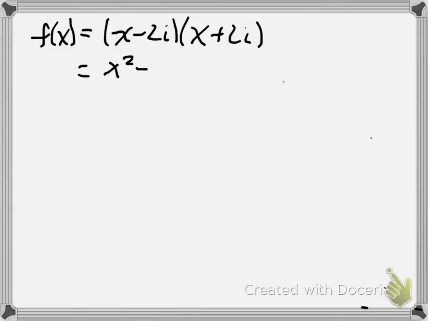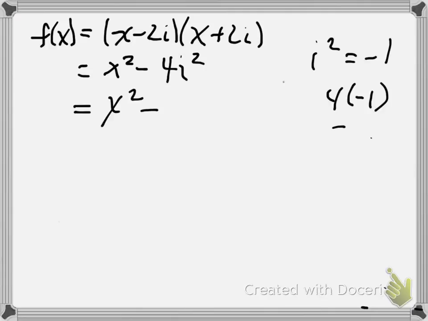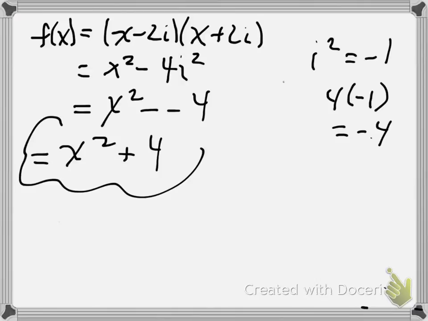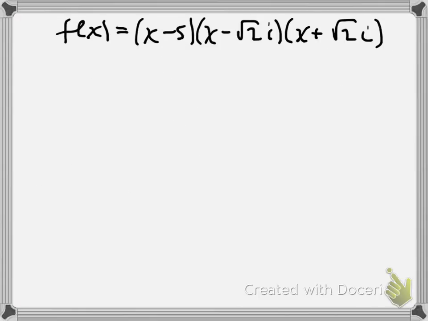Then we're going to have a minus 4i squared. I squared equals negative 1, so 4 times negative 1 equals negative 4. So this is going to be x squared minus a negative 4, so this equals x squared plus 4. So that's what the polynomial is going to be written in standard form.